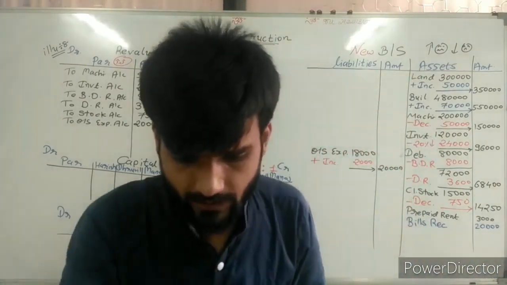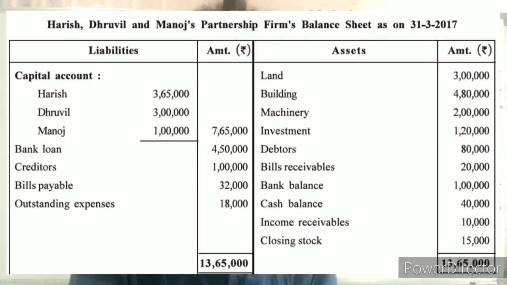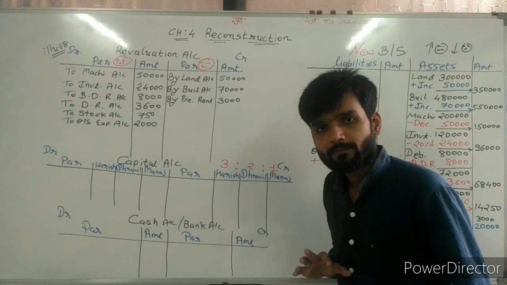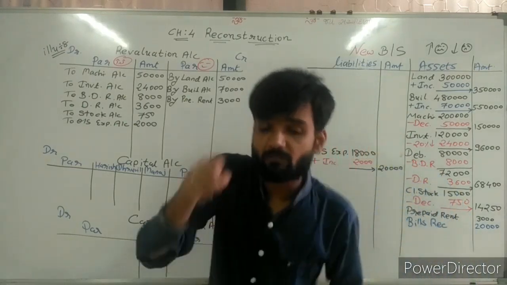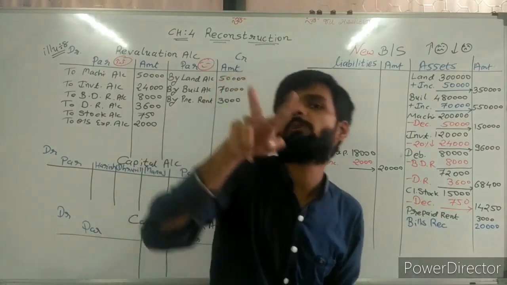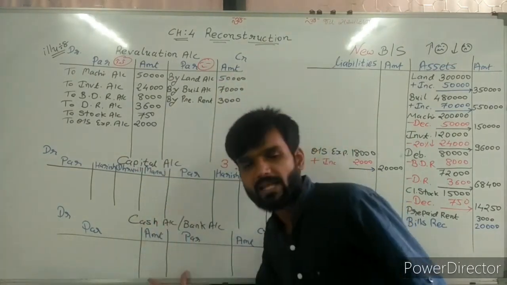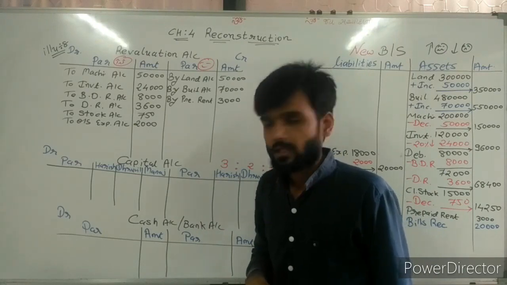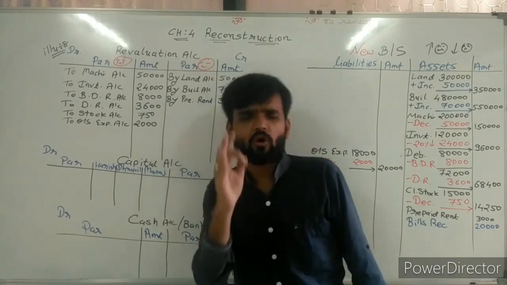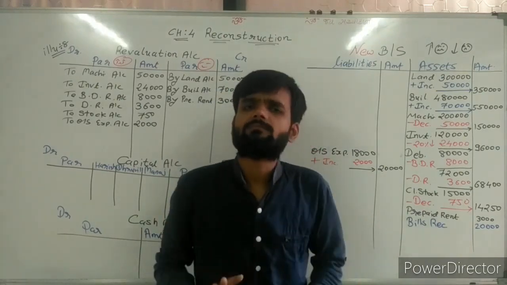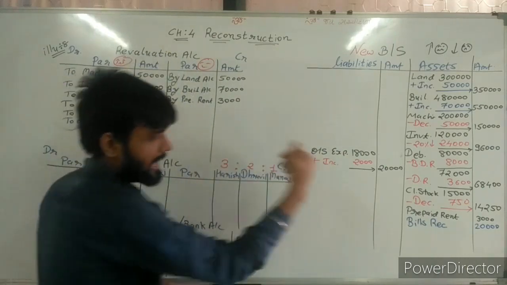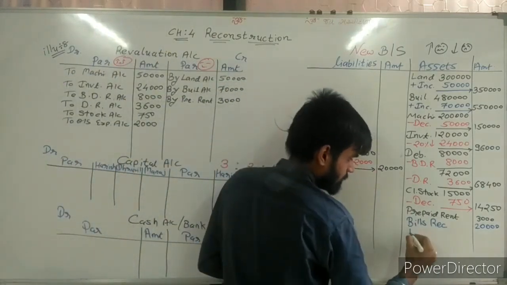Next is given bank balance and cash balance. So here you have prepared cash and bank balance, but here cash balance and bank balance have different values. So we have to prepare two accounts, cash account and bank account. In this sum, it is not required because no entry for cash is in this sum. So directly write down without giving any effect.